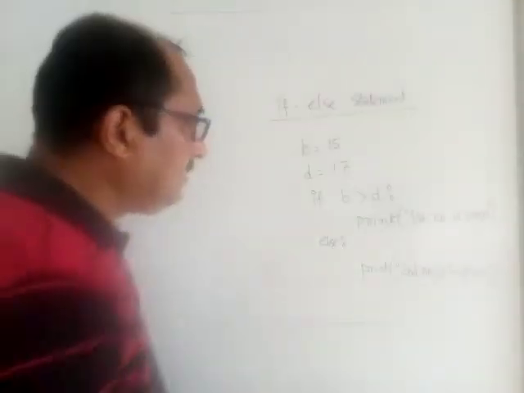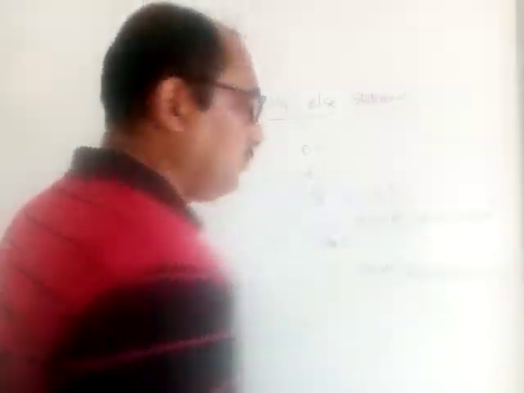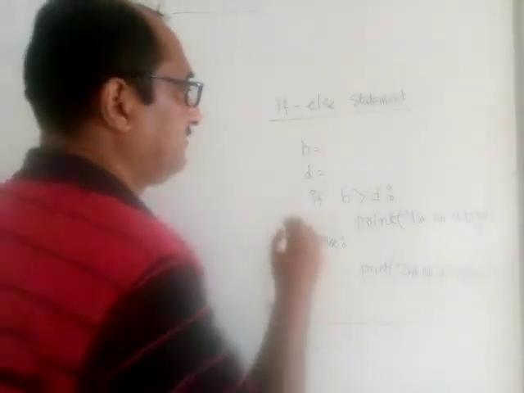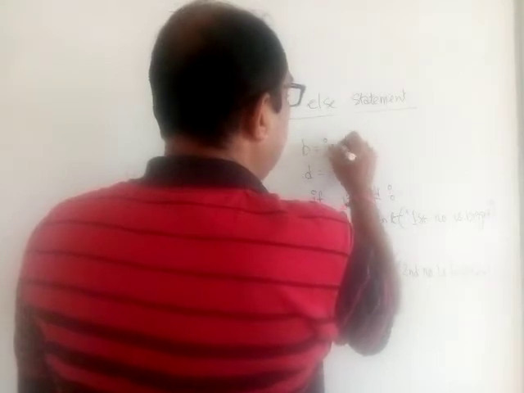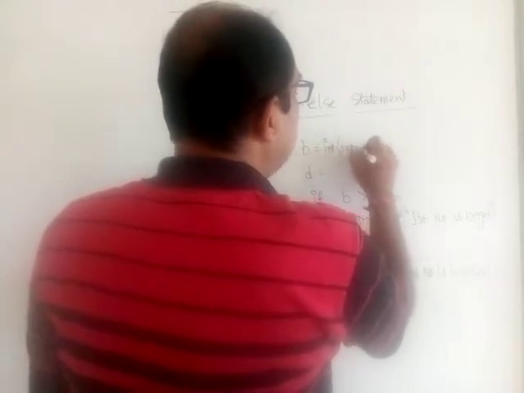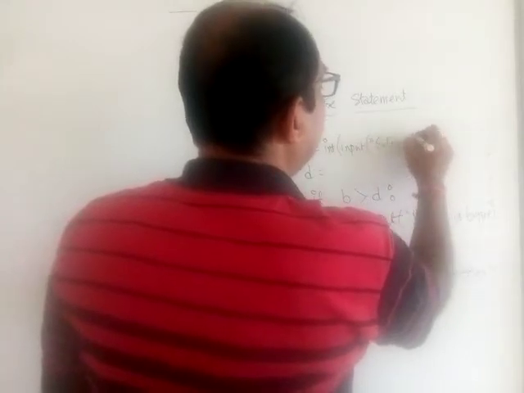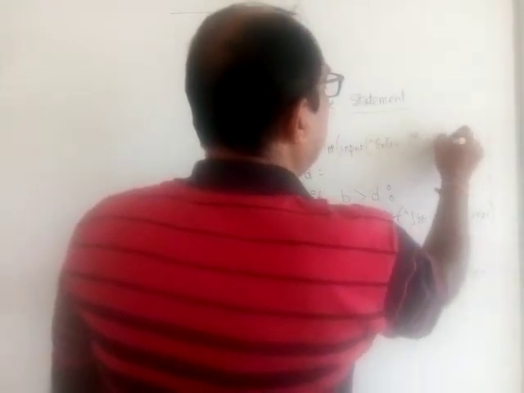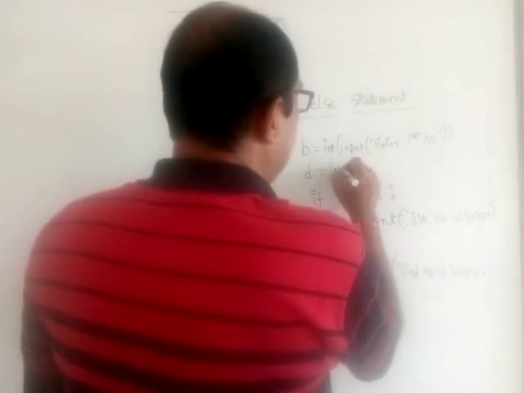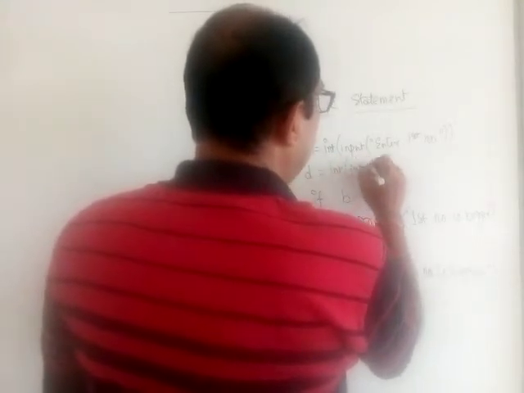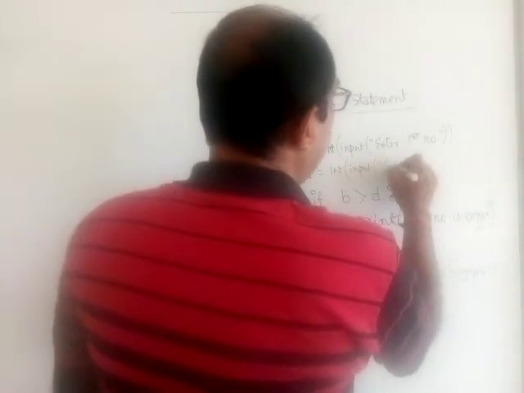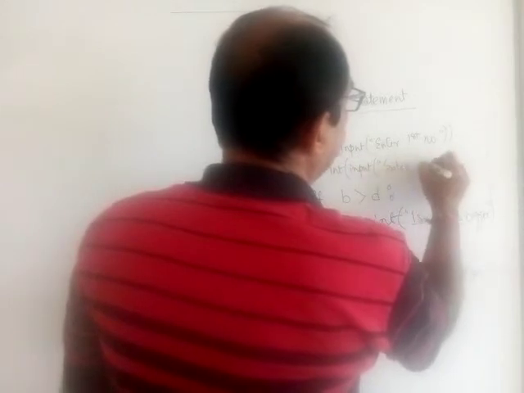Now 15 and 17 are two known numbers. Imagine I have input here. You learned how to do the input. Say I tell the user, enter first number, and here also I give a message, enter the second number.